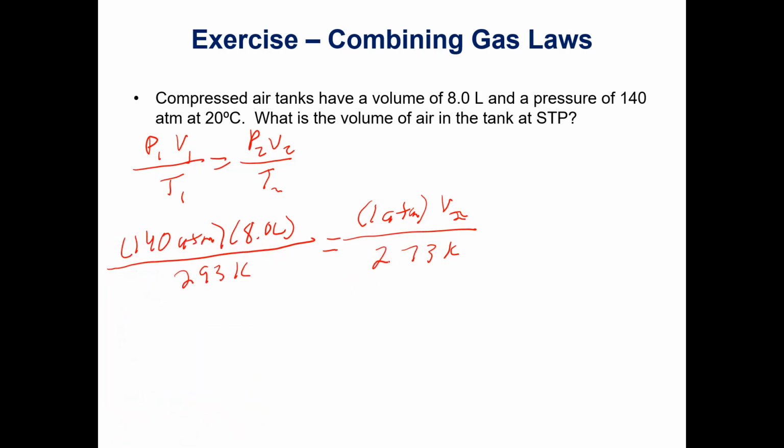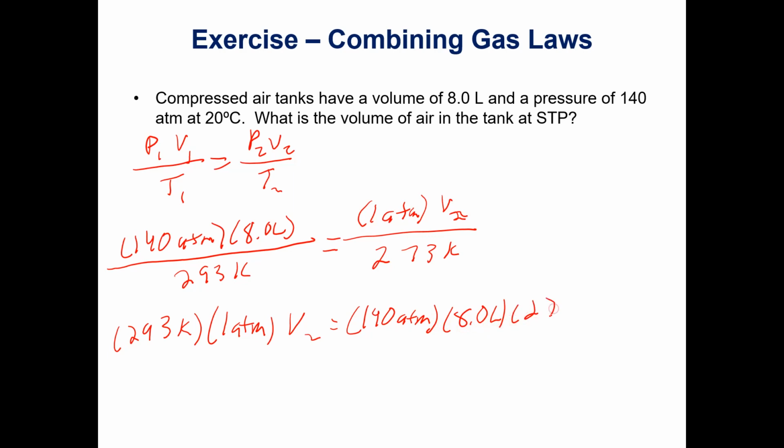So then if we cross multiply, 293 Kelvin times 1 atm is equal to 140 atm times 8 liters times 273 Kelvin.